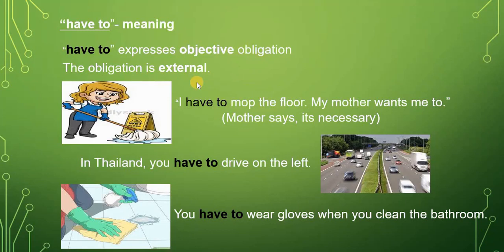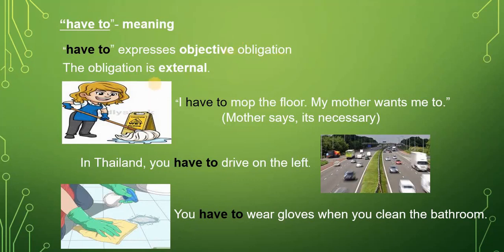The obligation comes from someone or something else, and it's often a law, a legal requirement, or a rule, or an instruction. It's an obligation because someone else tells you to do something. It's an obligation from outside.